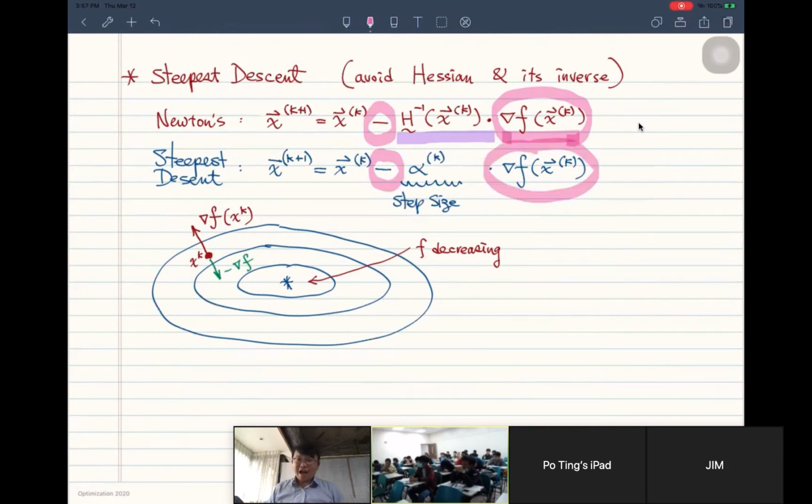But how far do we move? So here is a line, along some line, along a linear direction.